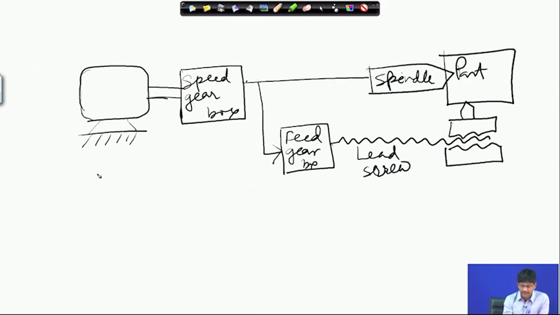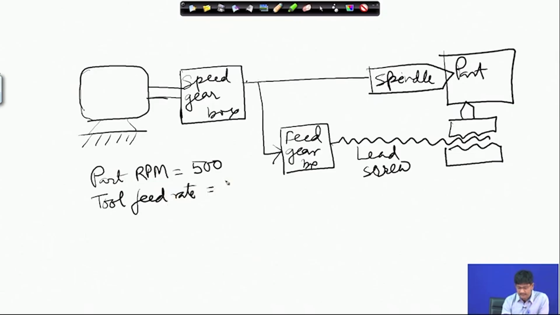Say the part rotation, part RPM, is equal to, say, 500, and say the tool feed rate is 5 millimeters per minute.